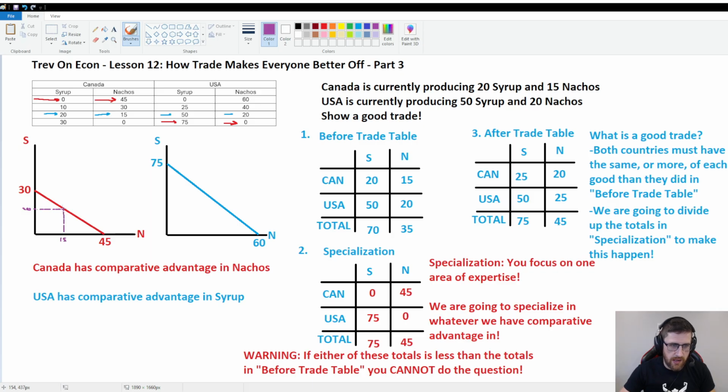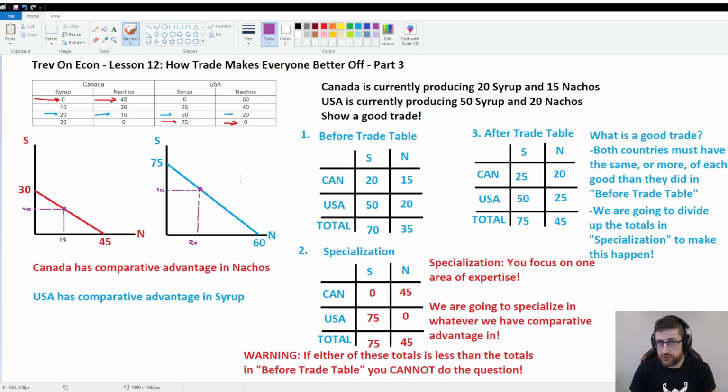We were on our PPF, which, from several lessons ago, we know being on the PPF is a good thing. For the US, they had us at 50 and 20. So 50, somewhere up here, let's say. So we got 20 here and 50. Again, on the PPF, we're perfectly happy with that.